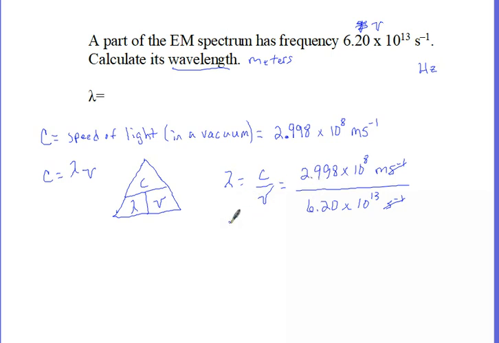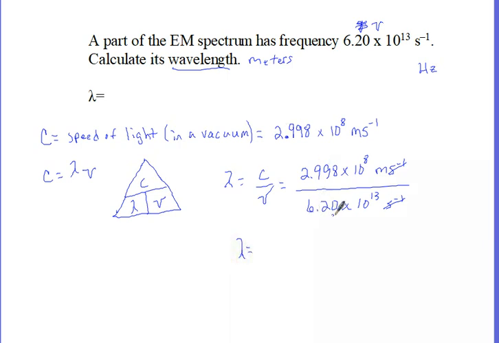So when you do your math for this one, you're solving your particular problem. You have the top part here, and you're going to divide that by your bottom portion there, which is your frequency, and you're going to get your lambda.